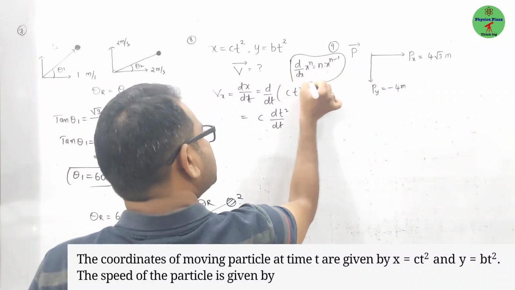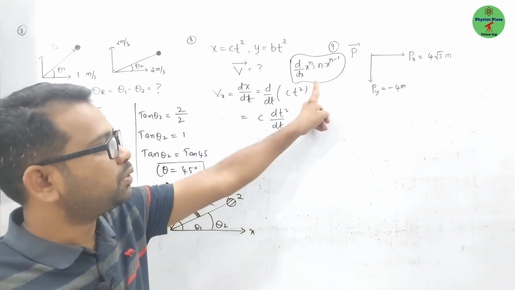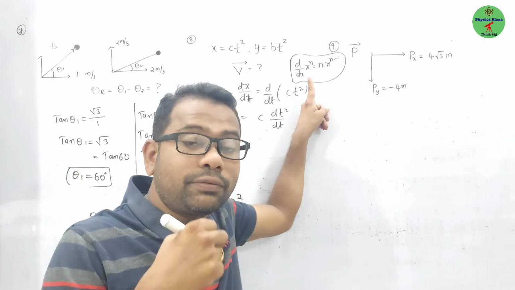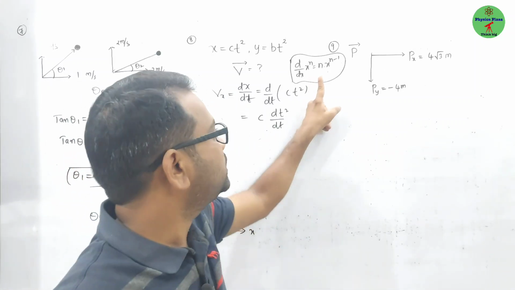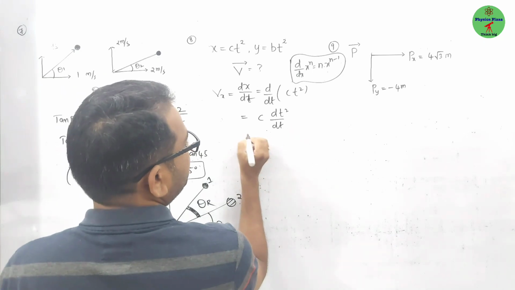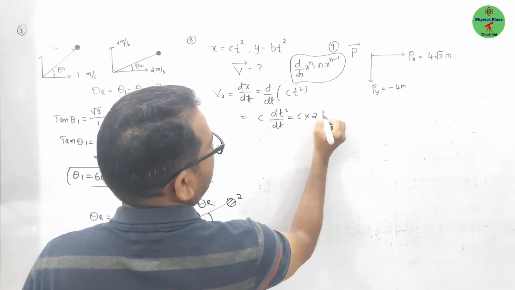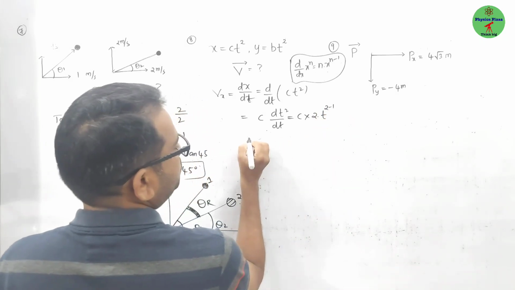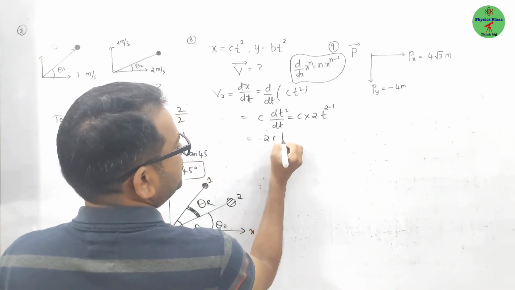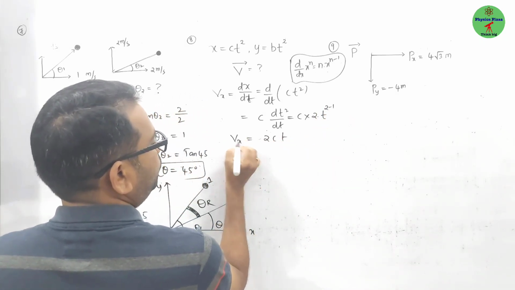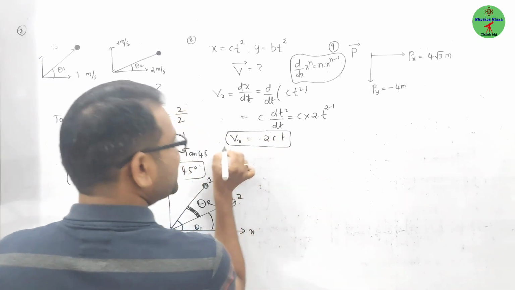Here we are not going to discuss the differentiation concept, but still it's my responsibility to tell which formula we are using. So as per that, children, this is going to be c into 2 into t power 2 minus 1. So this is 2ct. This is the horizontal component of the velocity.